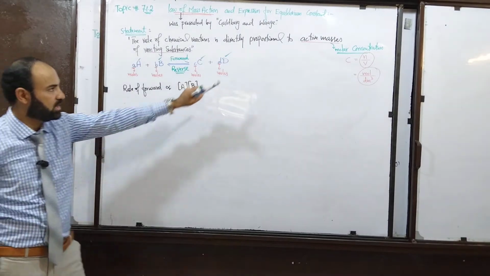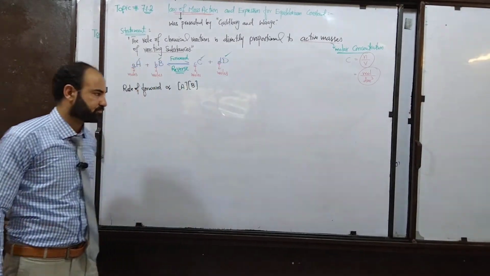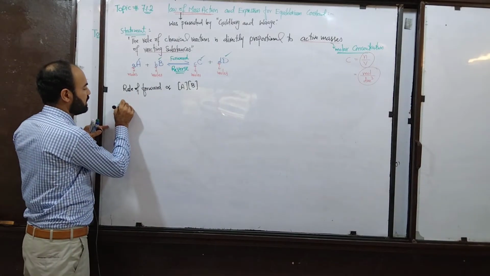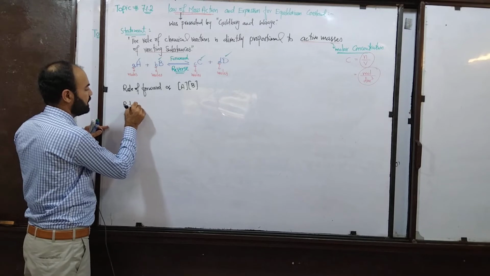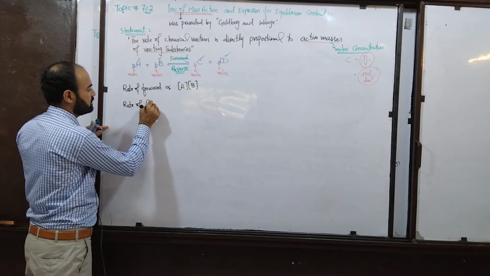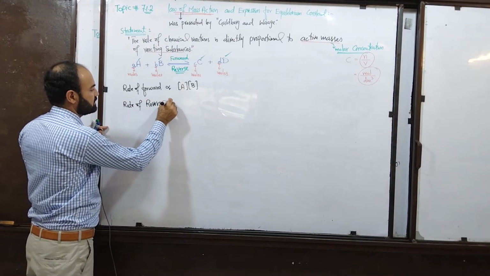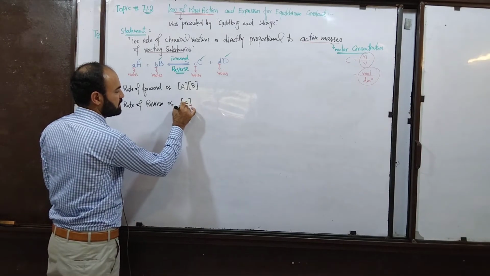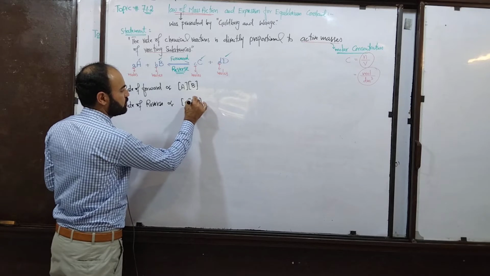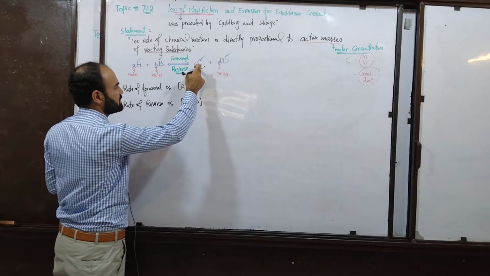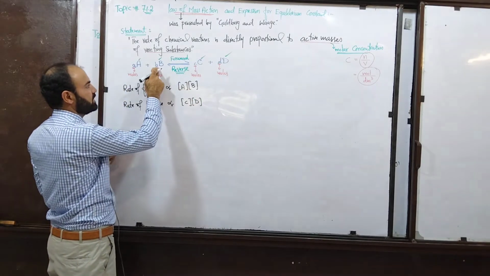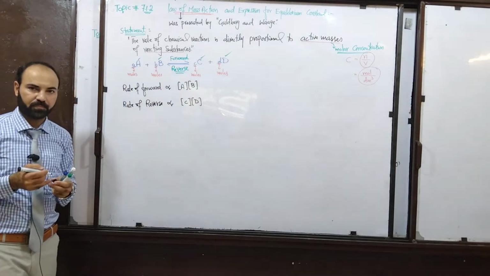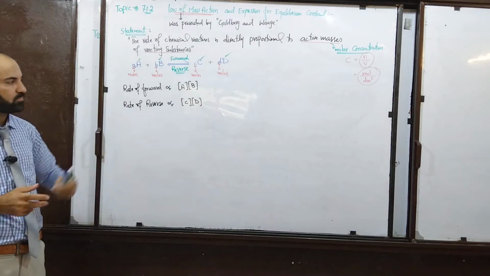Molar concentrations are the active masses. While the rate of reverse reaction or backward reaction is directly proportional to the concentration of C and the concentration of D. In the case of A and B, if there are more than 1 moles, then we will write the power as well.